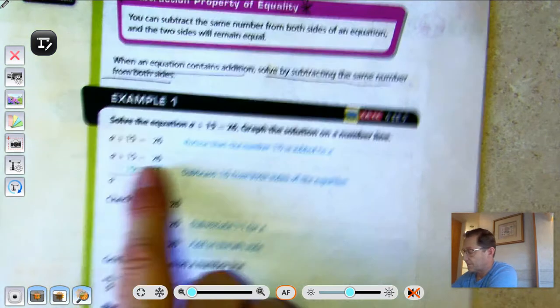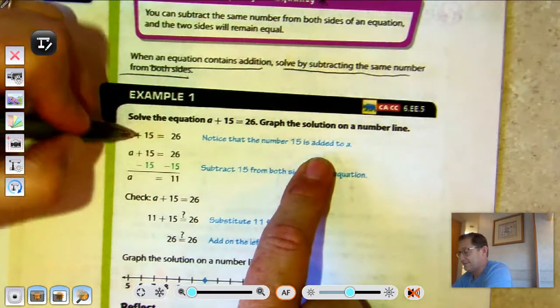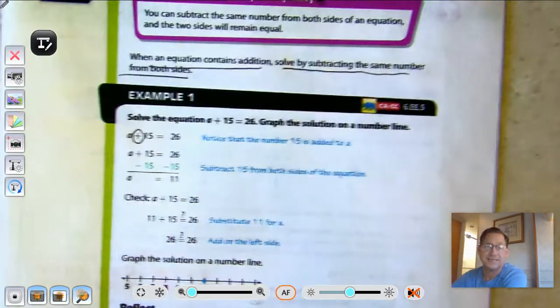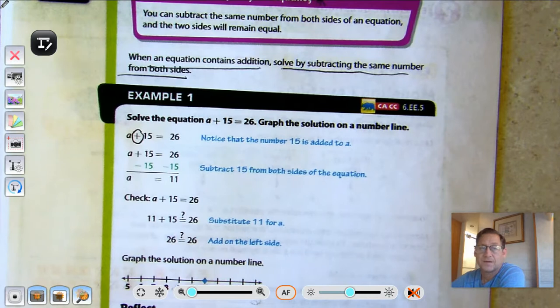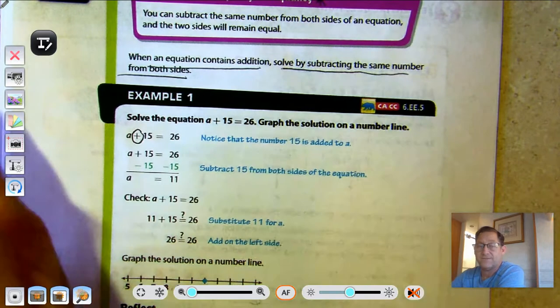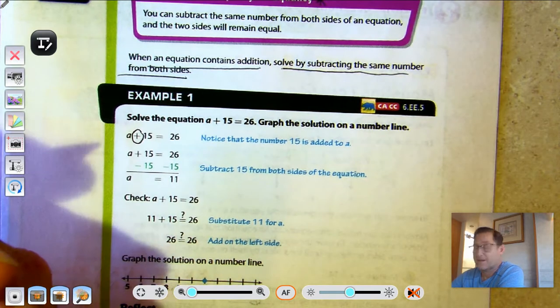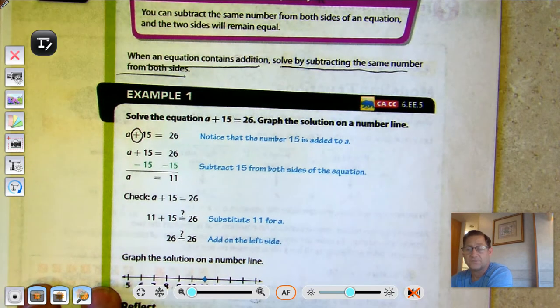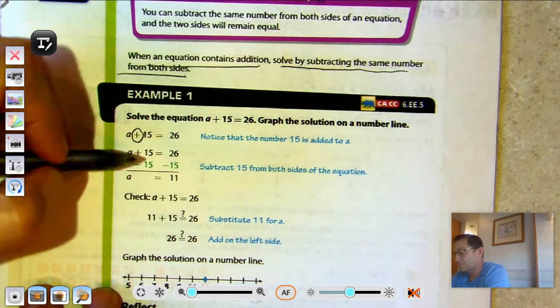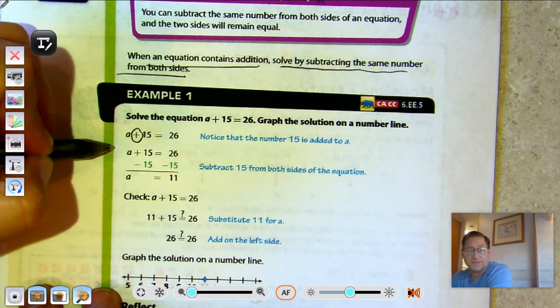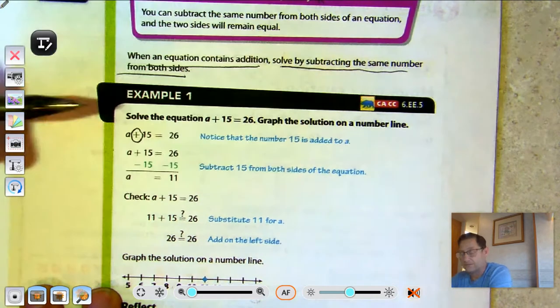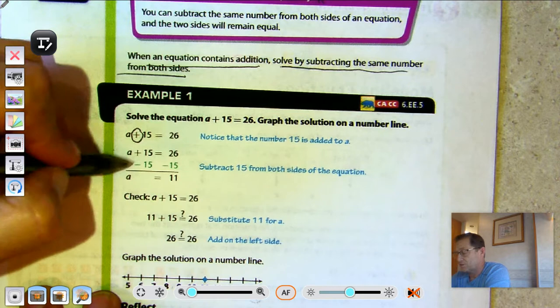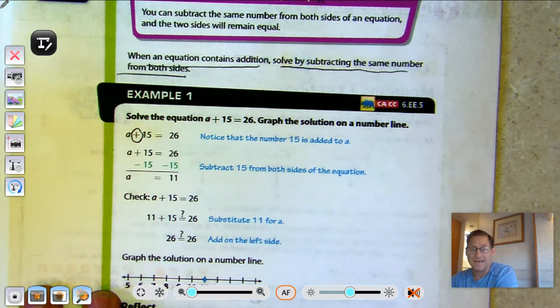First, notice that the number 15 is added to a. So we need to do the inverse and subtract the 15 from the side with a, so that it's by itself. But I can't just subtract 15 from the left side; I need to also do it from the right side. So we're going to subtract 15 from both sides.